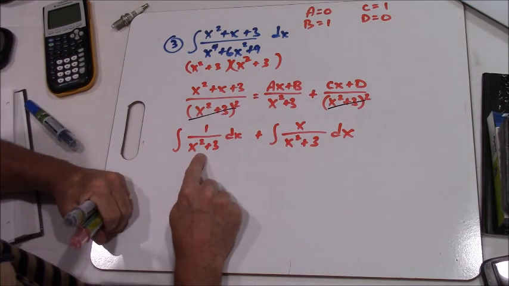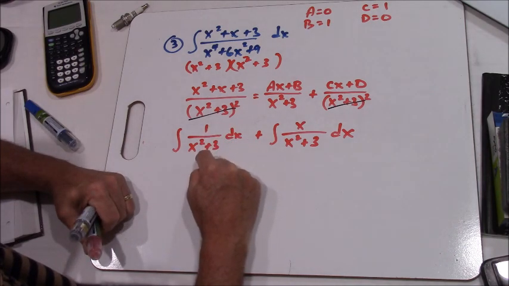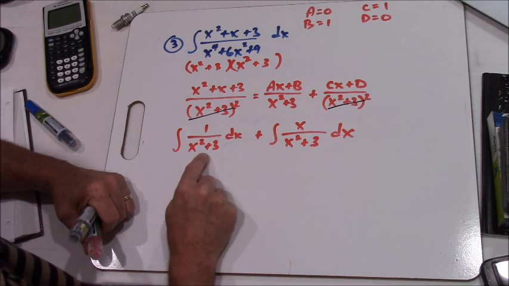So this one right here, to me, it doesn't look like a u prime over u. There's no parentheses raised to an exponent. I'm thinking arctangent right here.